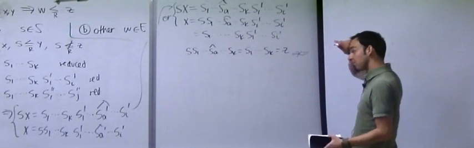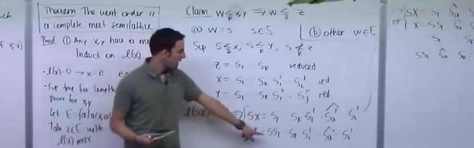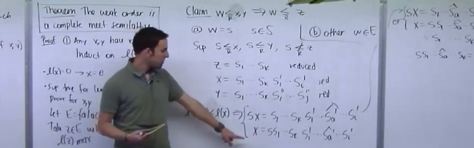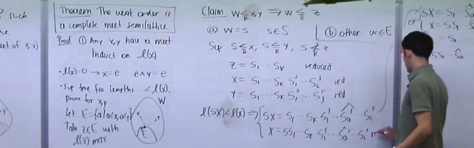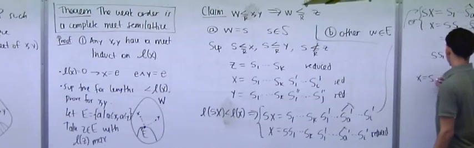Now, I want you to look at this expression for x. x has length k plus 1, right? Now, here I have a different expression for x, where I added this s, and I removed this sa prime. And so since I kept the length fixed, that means that this is also a reduced expression.